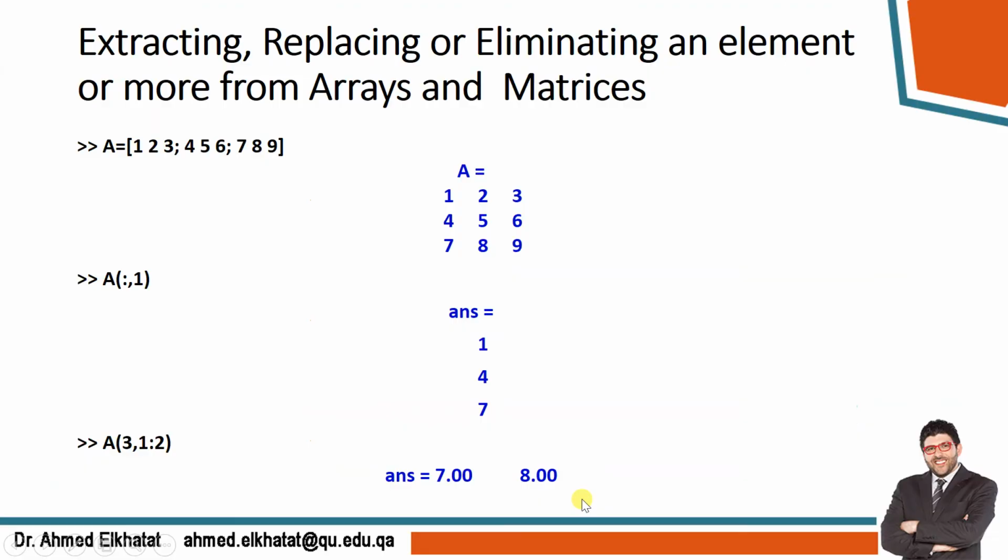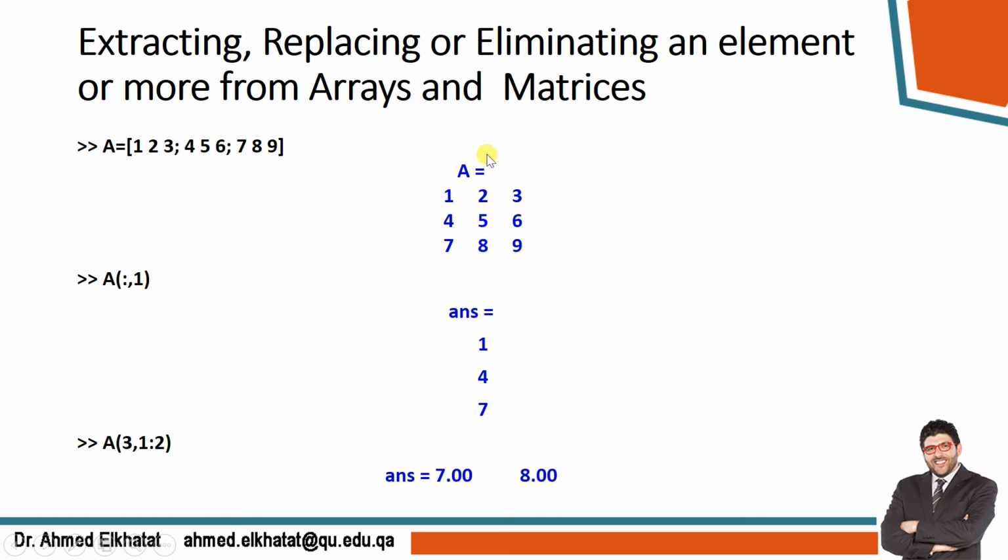So let's go back again to our notes. Now we know how to extract things. For example, you want to extract the first column, all rows. So 1, 2, 3, we can put from 1 to 3, or just put a colon and then 1.